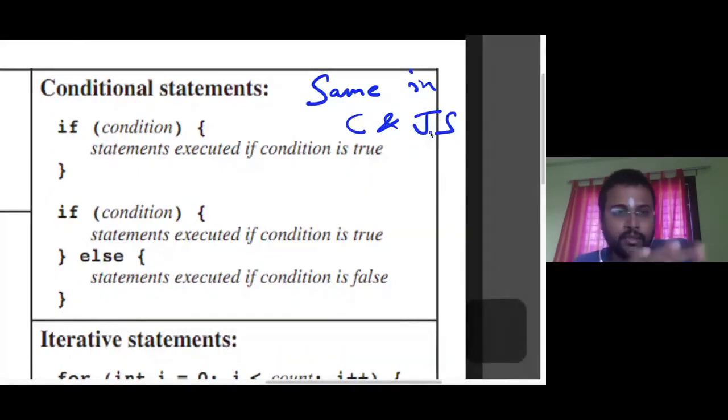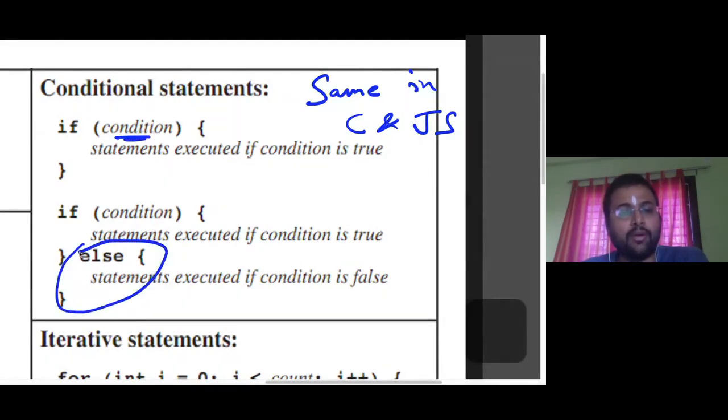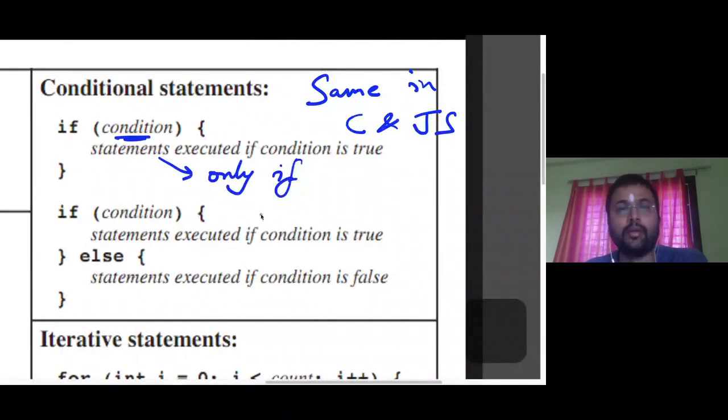This is JavaScript what they're showing, but C syntax is the same. Like we have this condition, and you can have this else block, or without writing else also, you can just have the if. This we did not discuss. We can write only if, or you can have if and else also. Both actually work. We have shown examples with if else, but you can also do only if.